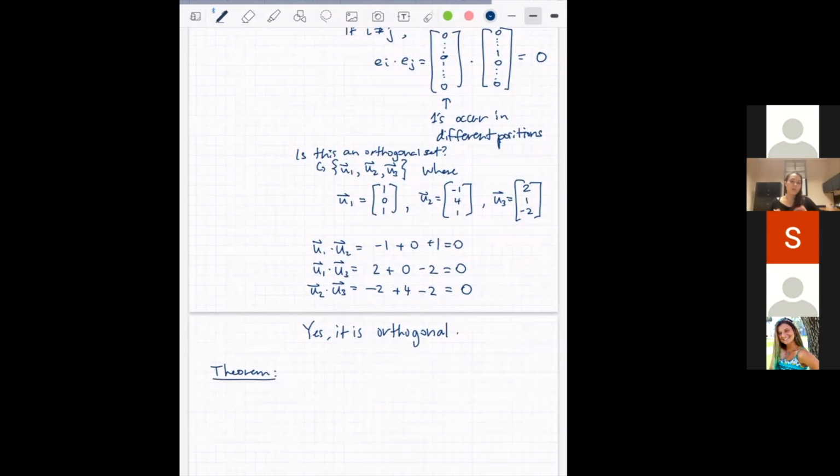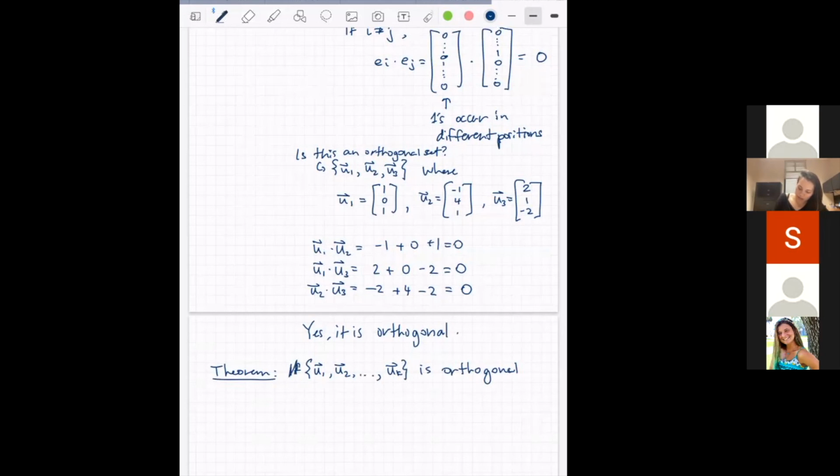So we have the following theorem, which is pretty nice. If you have that u1, u2 up to uk, if this collection is orthogonal, maybe we'll write it as a set.